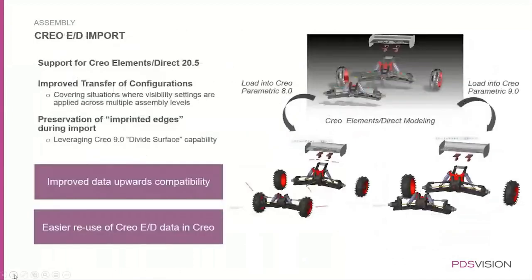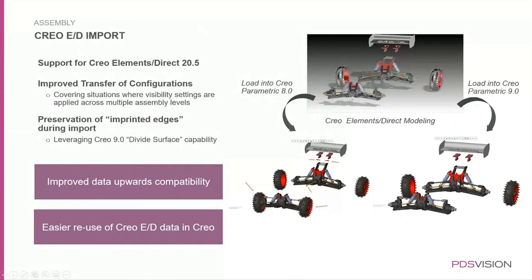And then one of the last slides I have today is that when it comes to Creo Elements Direct, what PTC is also providing is even better support for 20.5 of it. And we are now able to transfer the configurations in there. So if you look at the Creo Elements Direct model here, you will see that at the front there are no wheels. Even if I load this one in Creo Parametric 8, the front wheels are there, even though they shouldn't be.